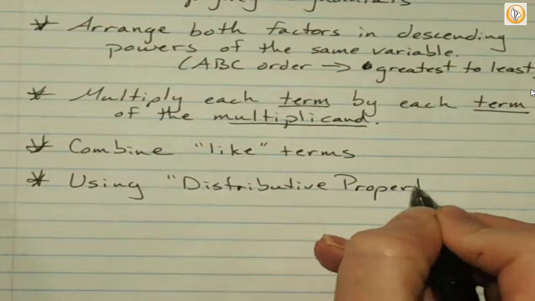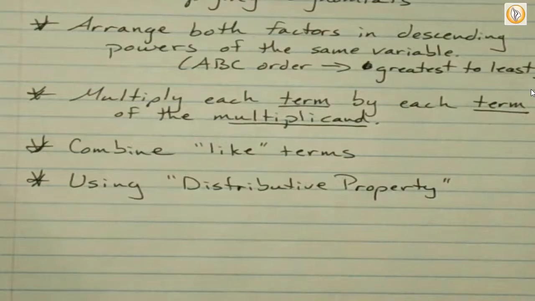I don't know why it's in quotes, because it is the distributive property. So you're arranging everything in descending order before you do any multiplication. First thing you do. Then you're going to multiply everything together, combine like terms, and you will be using the distributive property.